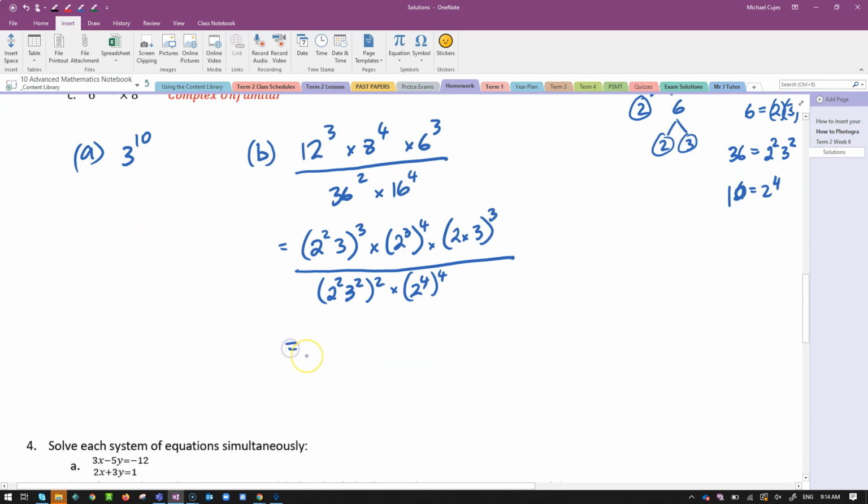Wow, what's this going to go to? 2 to the 6 times 3 to the 3 times 2 to the 12 times 2 to the 3 times 3 to the 3, 2 to the 4 times 3 to the 4 times 2 to the 16.